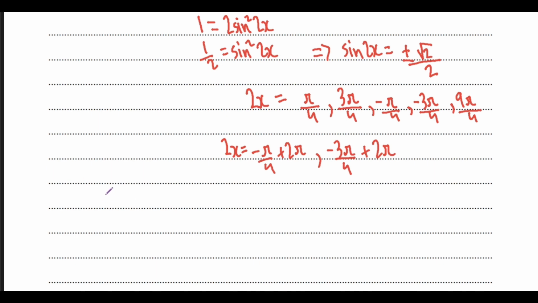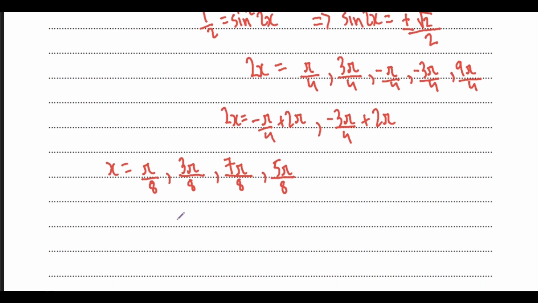So we have x is equal to, well, pi over 4 divided by 2 is pi over 8. 3 pi over 4 divided by 2 is 3 pi over 8. And then negative pi over 4 plus 2 pi is actually 7 pi over 4, divided by 2 is going to be 7 pi divided by 8. And negative 3 pi over 4 plus 2 pi should be 5 pi over 4, and then divided by 2 would be 5 pi over 8.